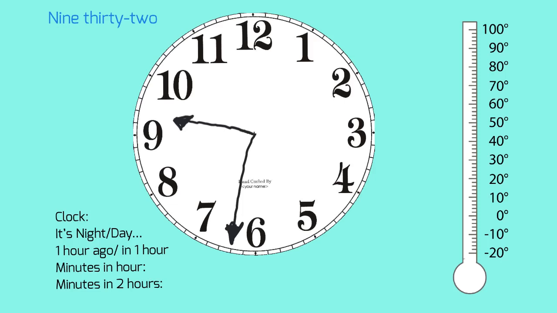Yes, 11:32. Good. And if I were to ask you what time it was 1 hour ago, what time would you say? Get ready. Good. It would be 8:32 a.m.